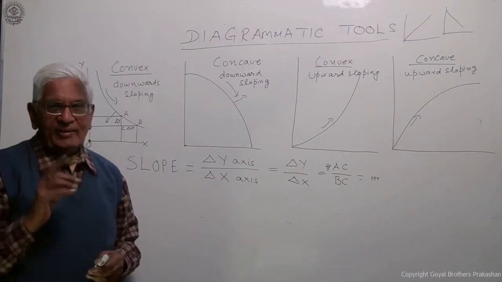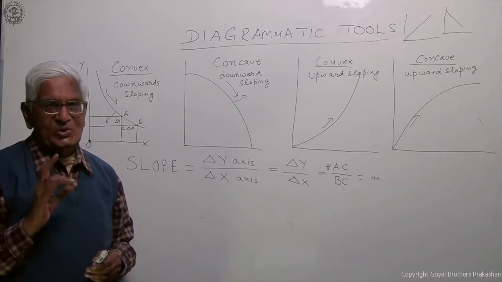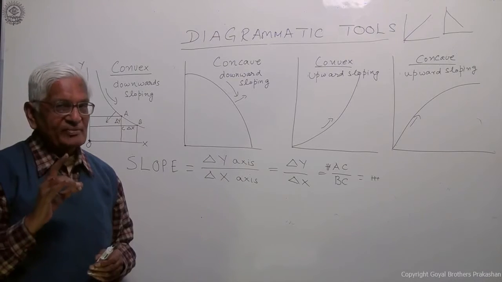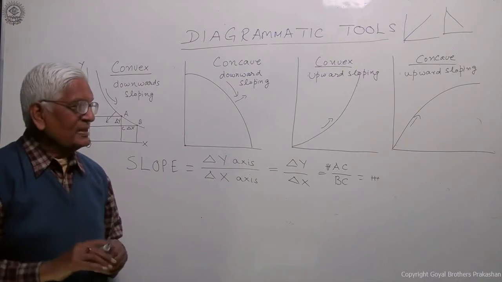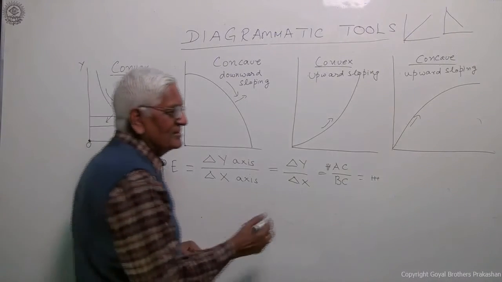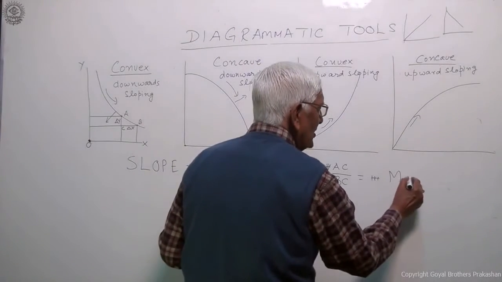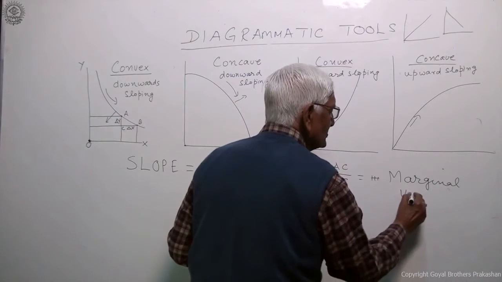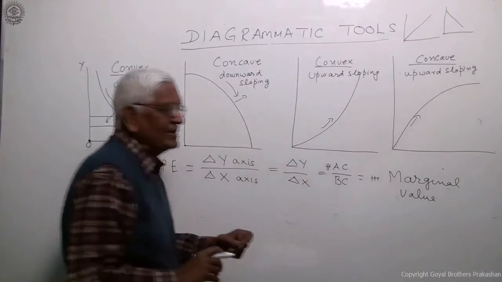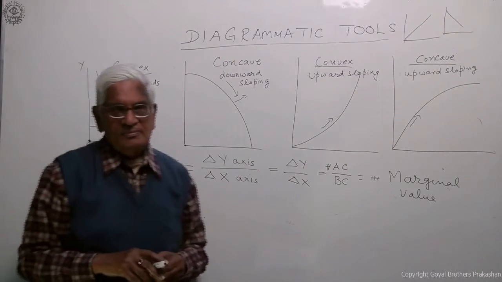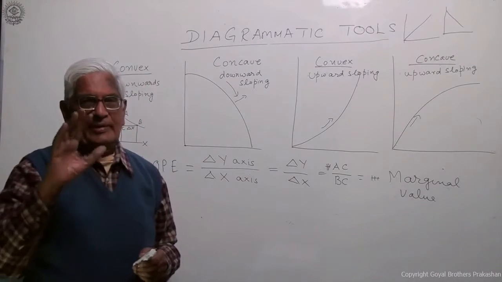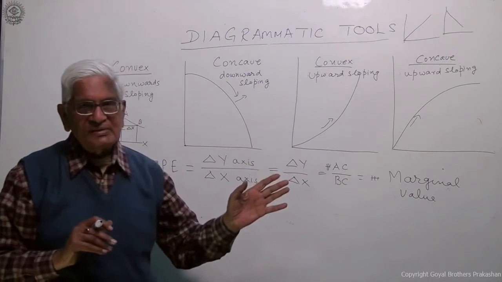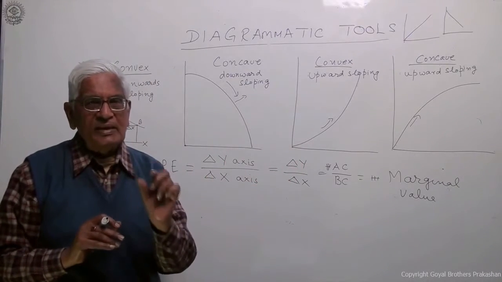I'm going to tell you another important thing about slope, which you are going mostly to use in class 12 rather than class 11. That slope is the value what we call marginal value. Our entire economics is based on marginal value.